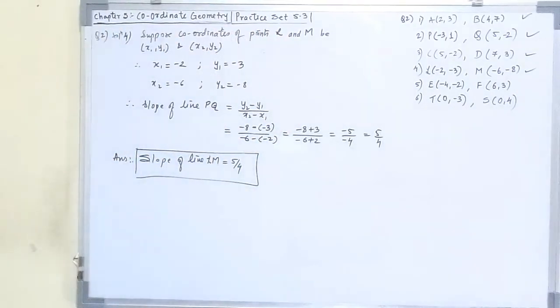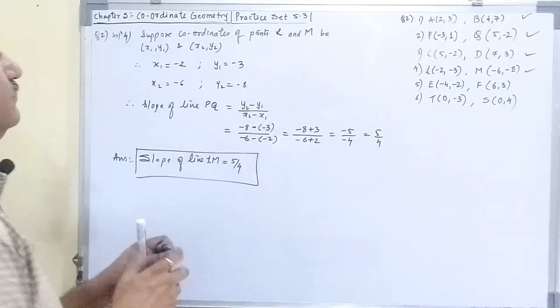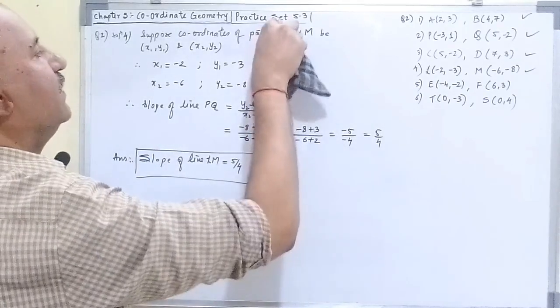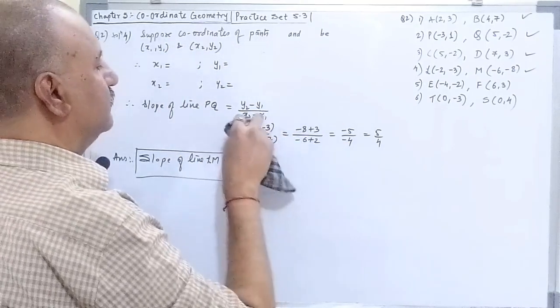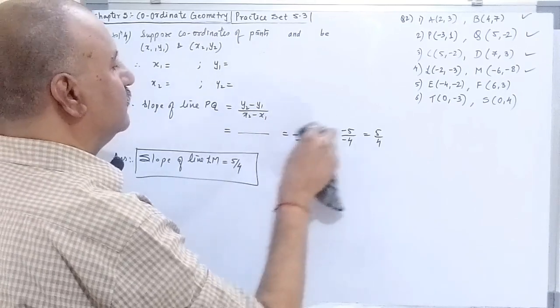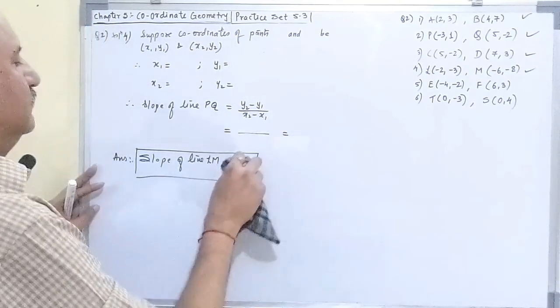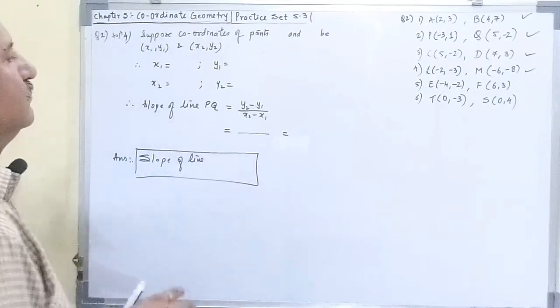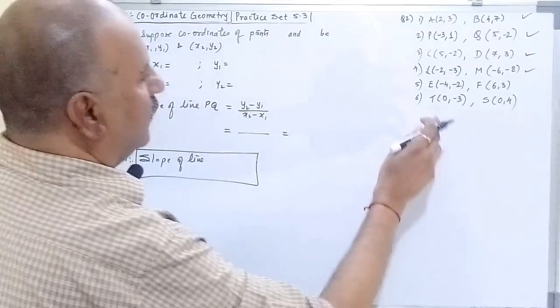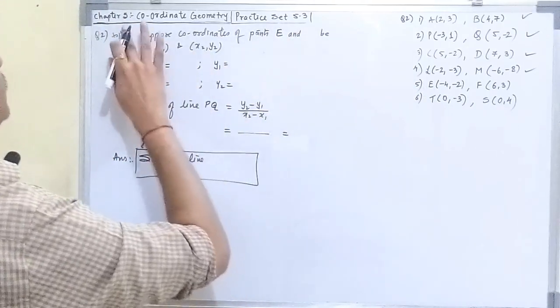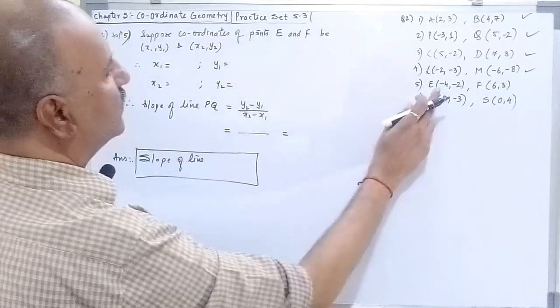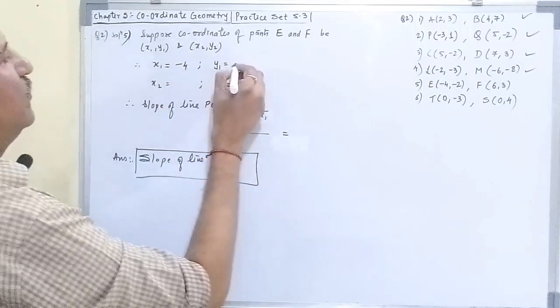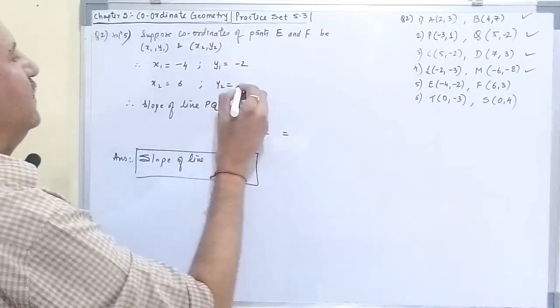Now we come to question number 5. E and F. E is x1, y1 is minus 4, minus 2, and F is 6 and 3.